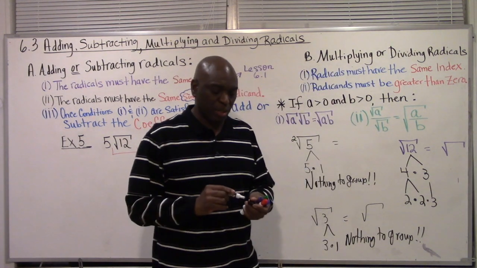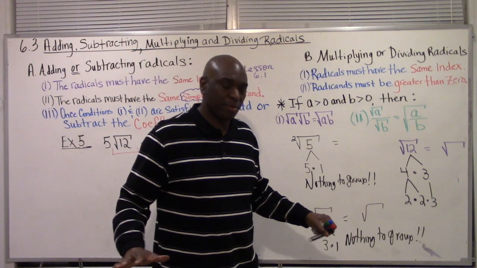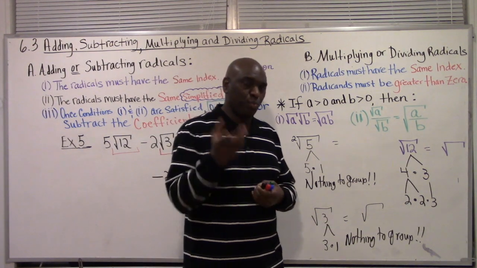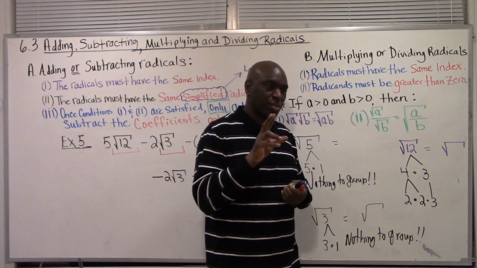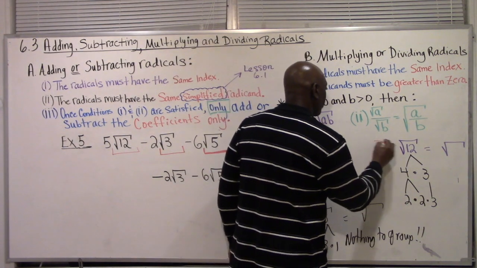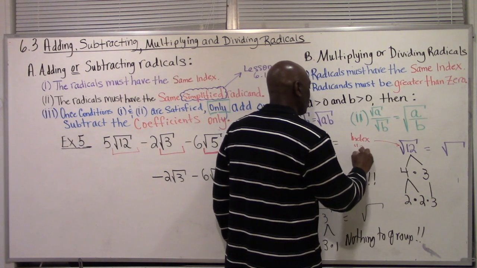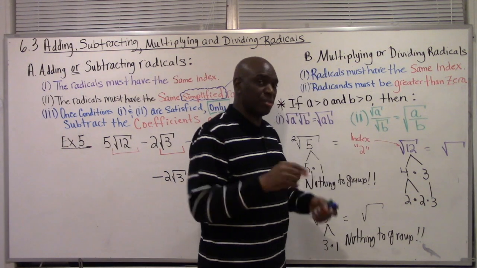All right, there we go. So now we have all of our prime numbers listed here, and we're grouping by 2's. Why? Because our index is 2. So we group according to the index.